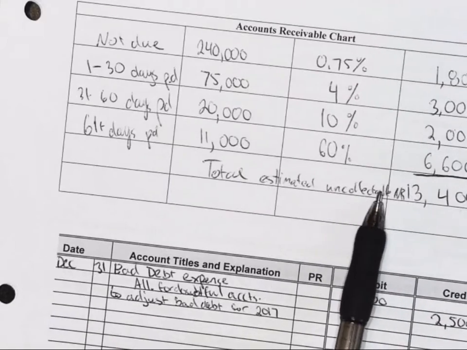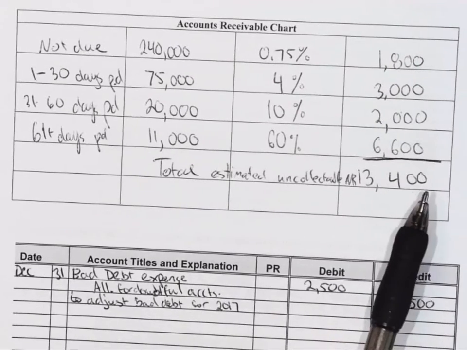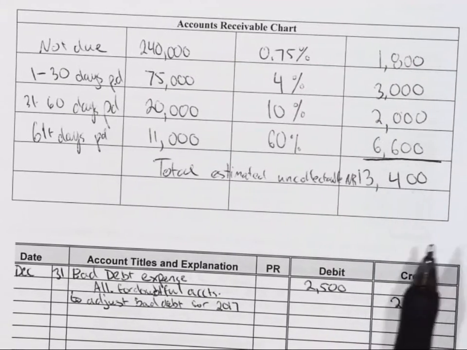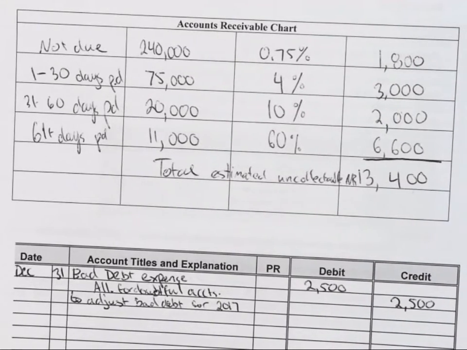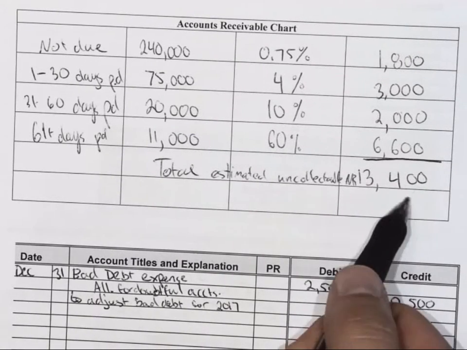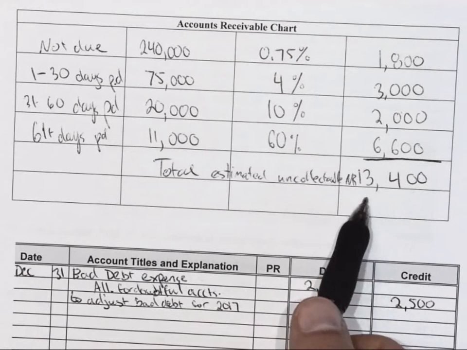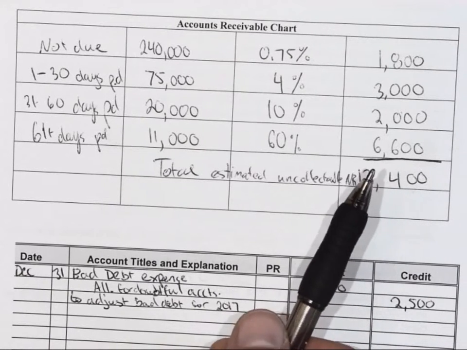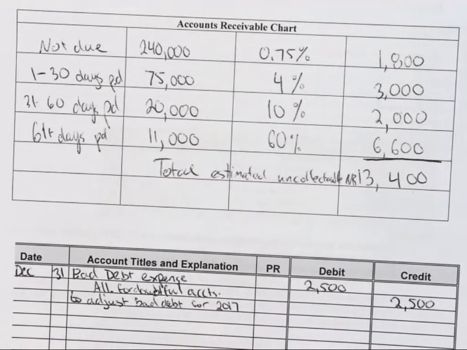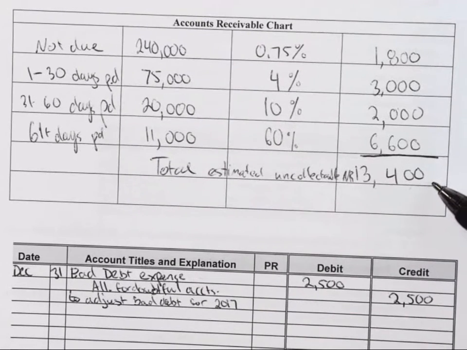What does this number become? I need everyone to know what this number becomes. Should someone tell me? That becomes our total credit balance of our allowance for doubtful accounts. So our total credit balance for allowance for doubtful accounts.